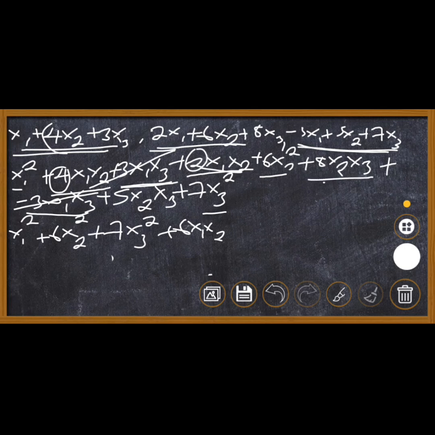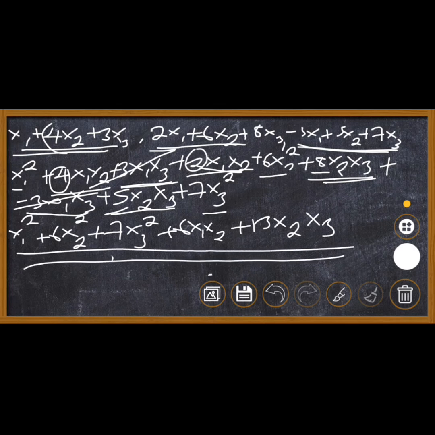This one has, and also this one has. So we are going to add 8 plus 5, you are going to have 13x2 x3. So this is the quadratic standard form of the given matrix.